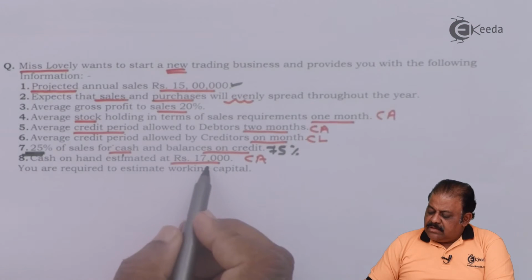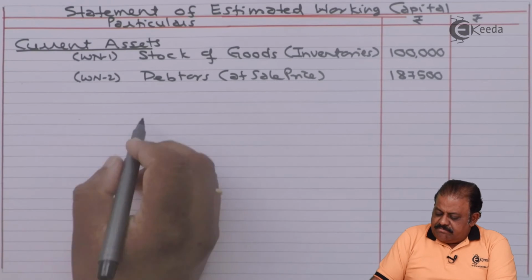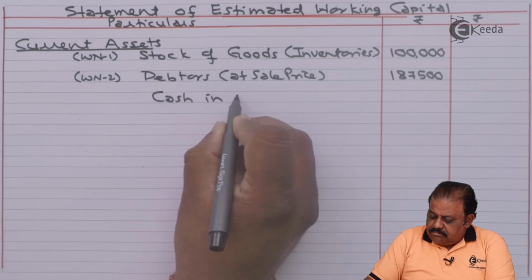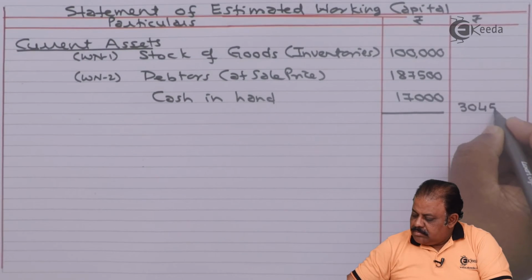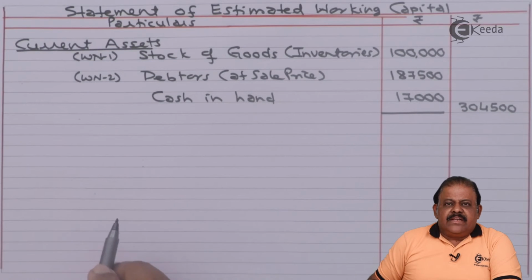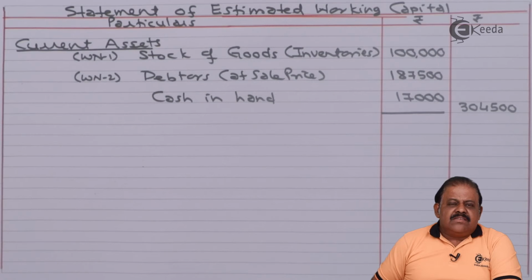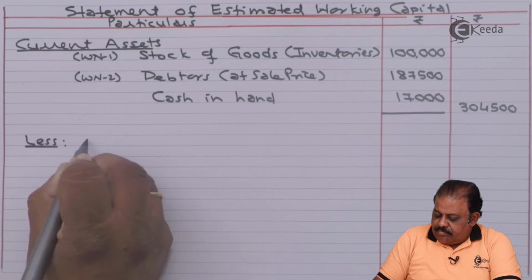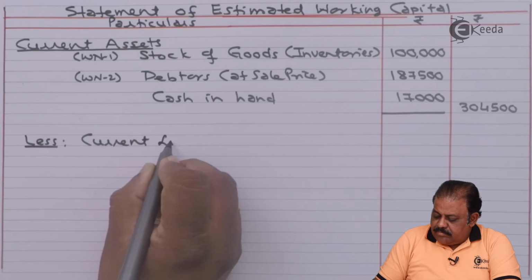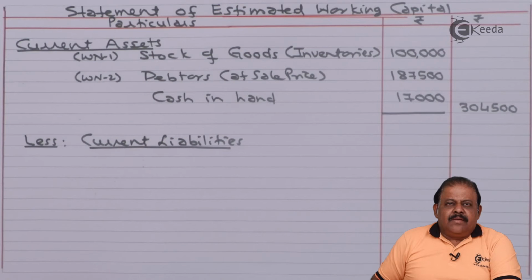Cash on hand estimated 17,000. It will be part of current asset. So total current assets we got 3,04,500, or it is called as gross working capital. Less current liabilities.